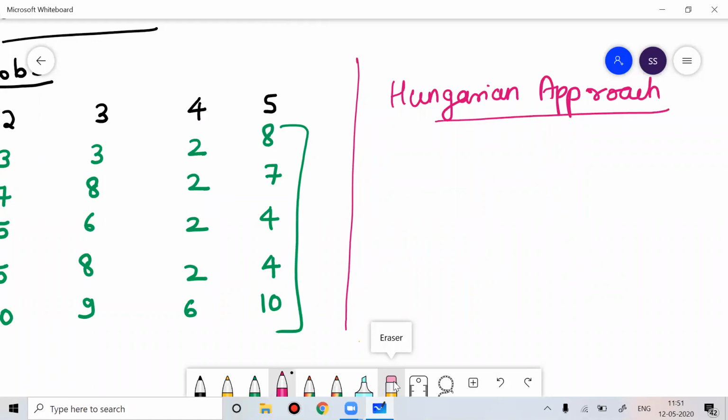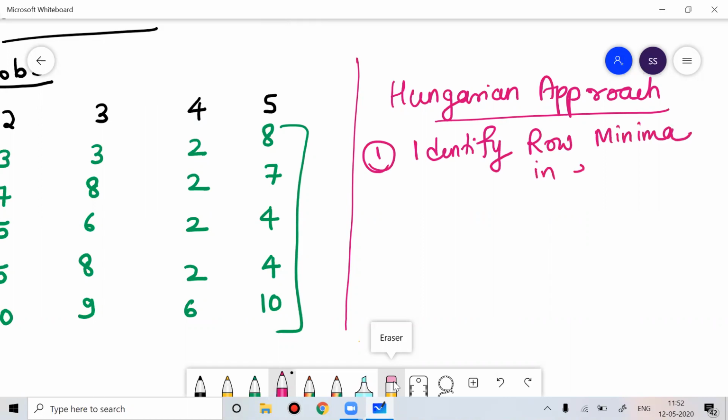Whenever we get the assignment problem, the first step you need to do is to identify the row minima in every row.